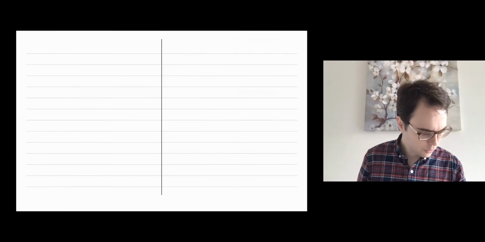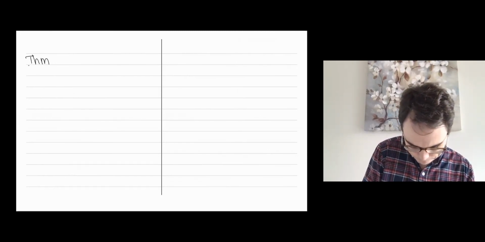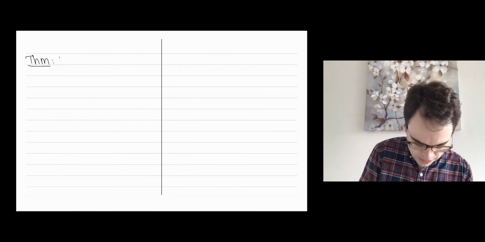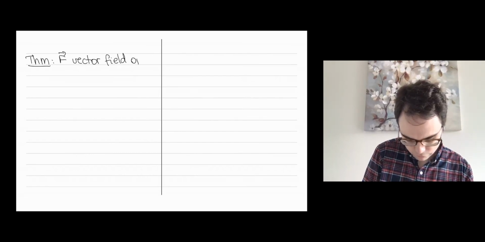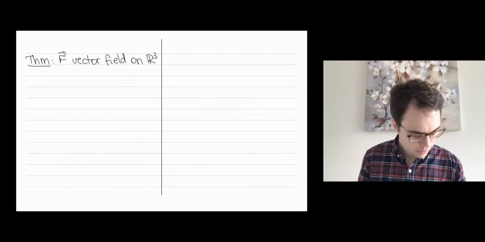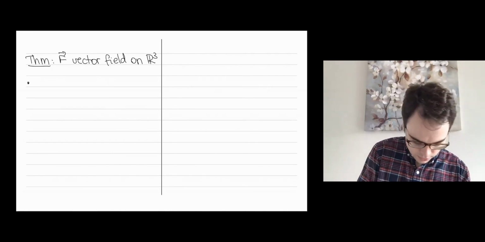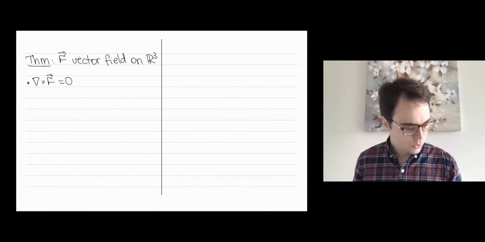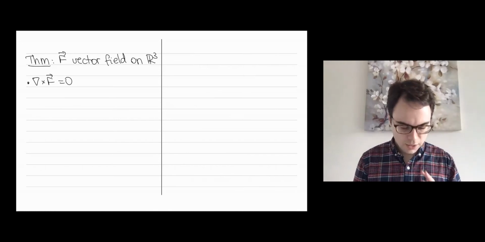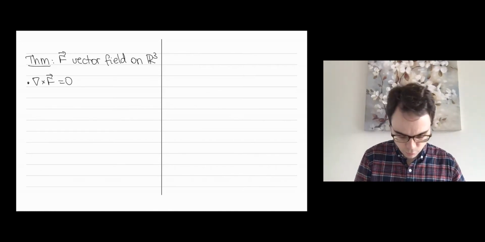So here's the theorem, and I'll just state it. Let's say f is a vector field in R3, defined on all of R3. It turns out that there is an easy way to characterize vector fields that are gradients of functions, and that we've seen.